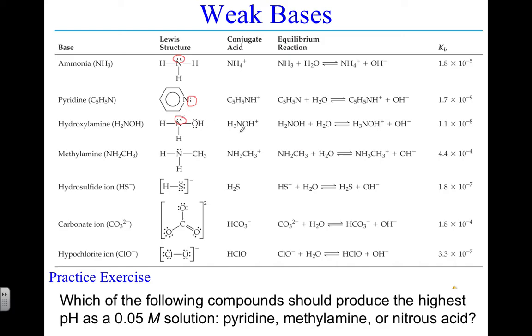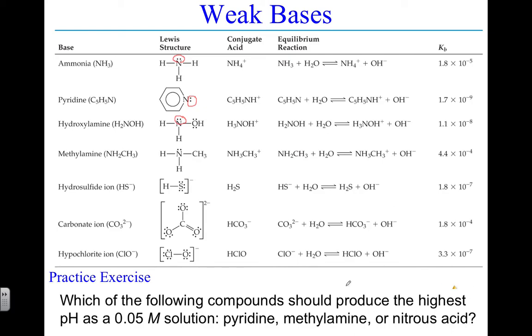So NH3 is the common weak base. Nitrogen is frequently found in weak bases.